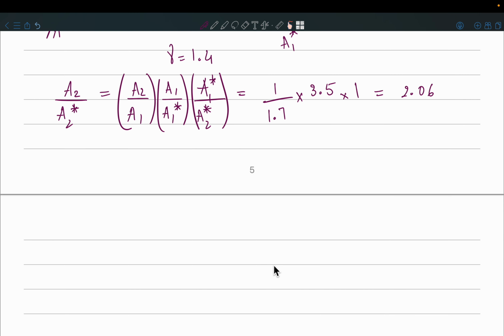You can take it either from the shock table, or you will have to solve the equation for A by A star related to Mach number.